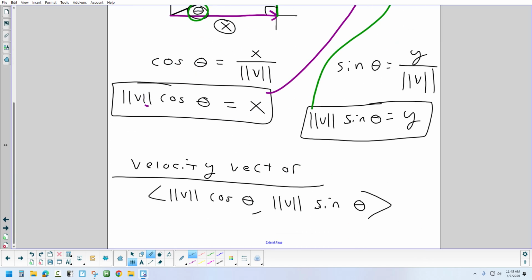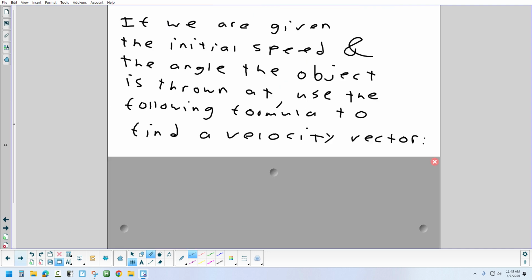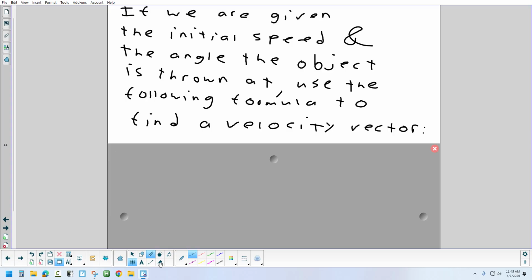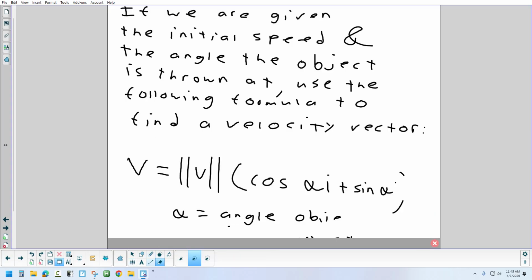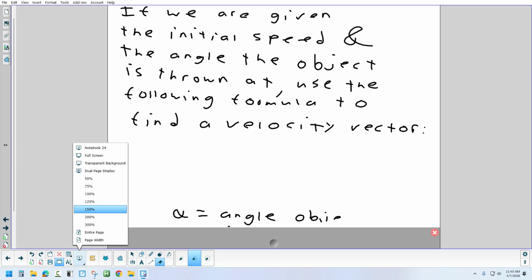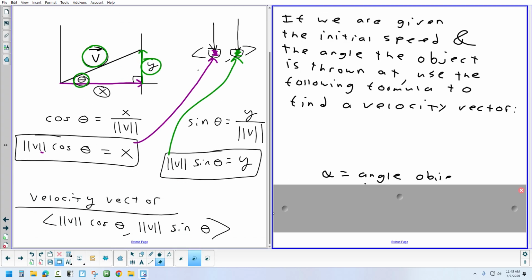A lot of what we do with vectors and all kinds of other stuff always comes back to just finding the length of a side in a triangle, whether it's using the Pythagorean theorem or whatever we have to use. It's usually all about finding something in a triangle. I can copy it over to this page too, but it's the same thing we just wrote.